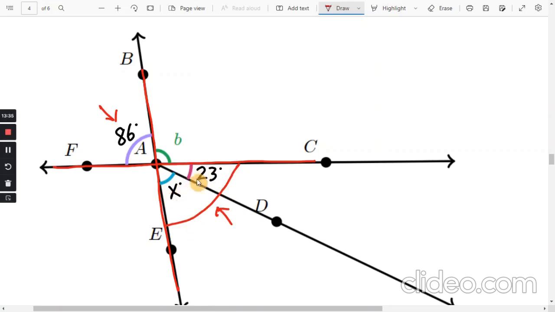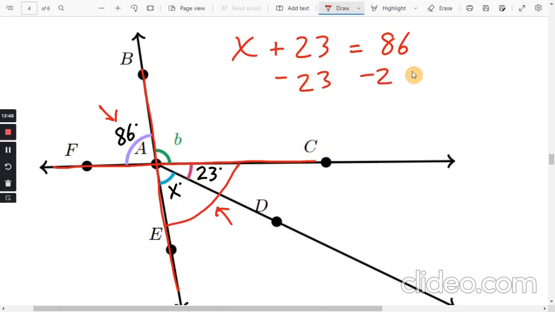So X plus 23 equals 86. Okay, solving for X, just do minus 23 on both. Cancels here. Bring down the X. 6 minus 3 is 3. 8 minus 2 is 6. So that's it.